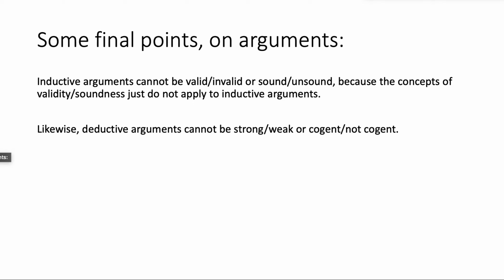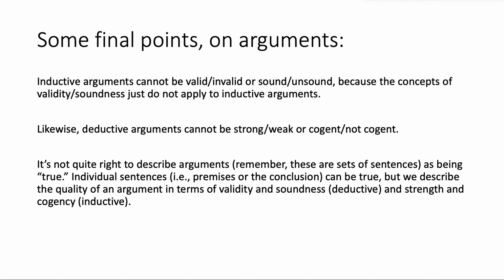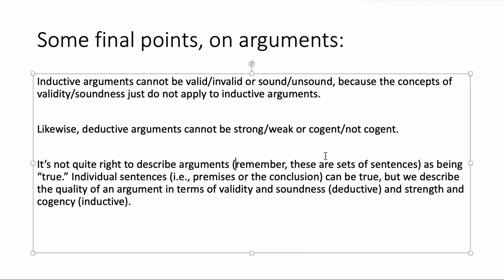Okay, one final point I just want to make so everyone's got it really clear in their head. It's not quite right to describe arguments as being true. Remember, arguments are sets of sentences. Individual sentences, like premises or a conclusion, those can be true.